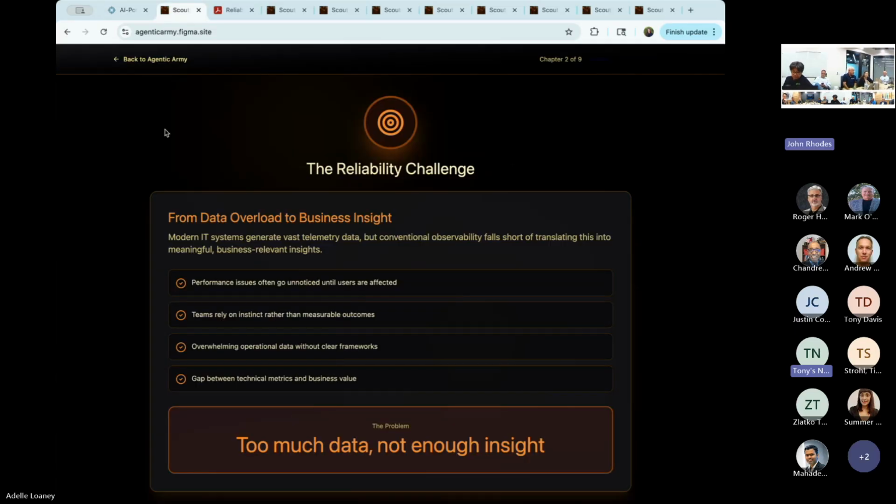The big thing is the reliability challenge. You're always trying to find what exactly is affecting that network or application. This brings that data together for you in one location.